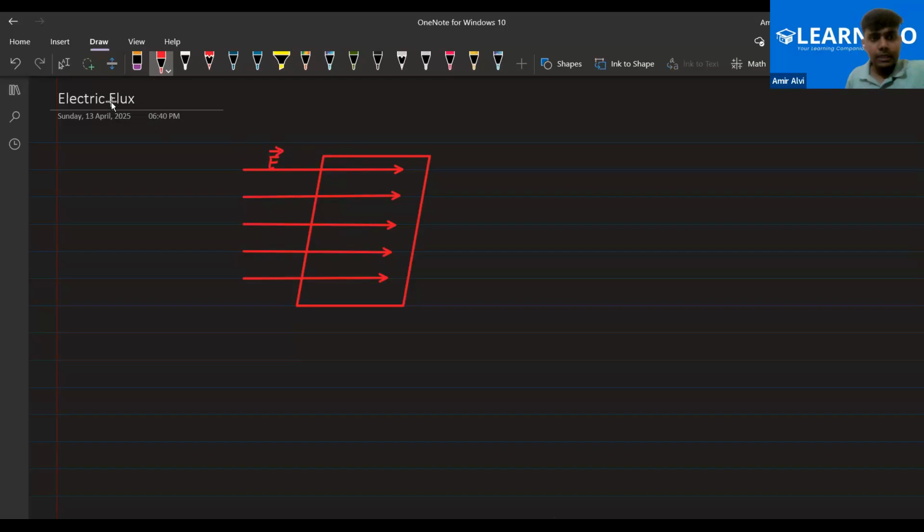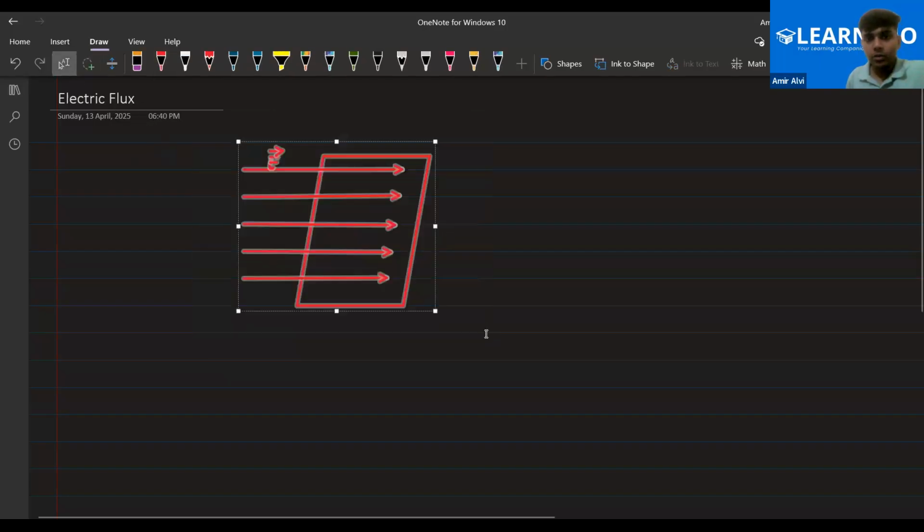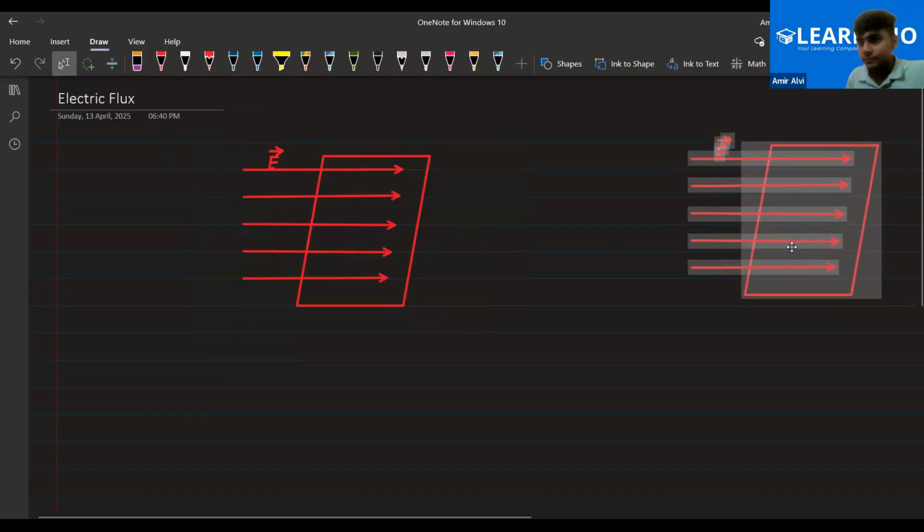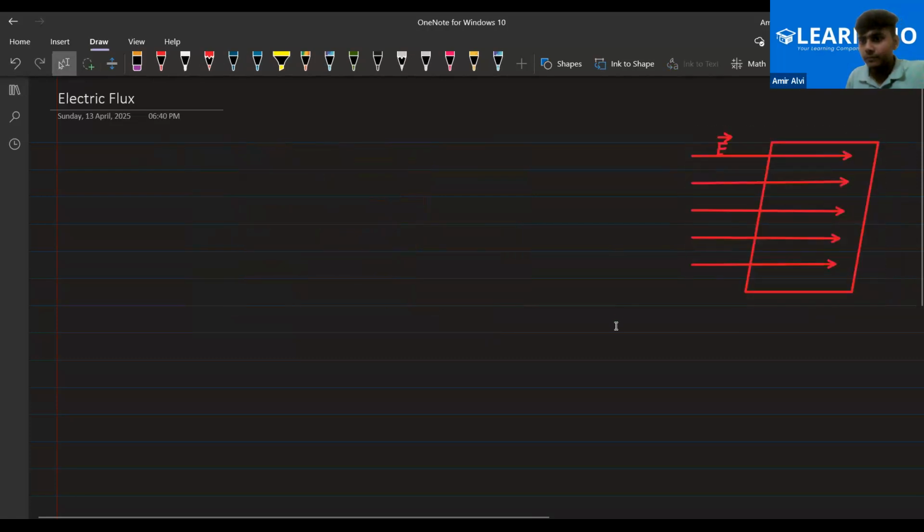Let me keep it aside so that I can write it down on the screen. Let me write down about the electric flux.